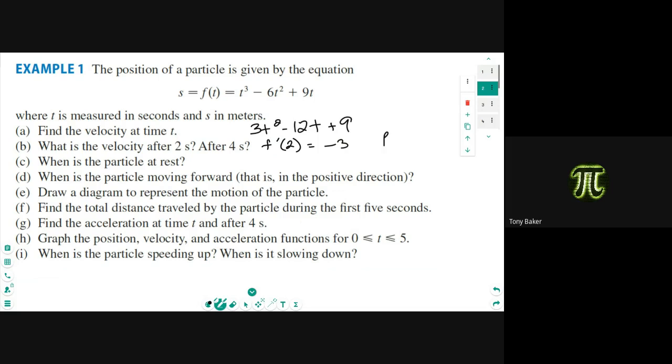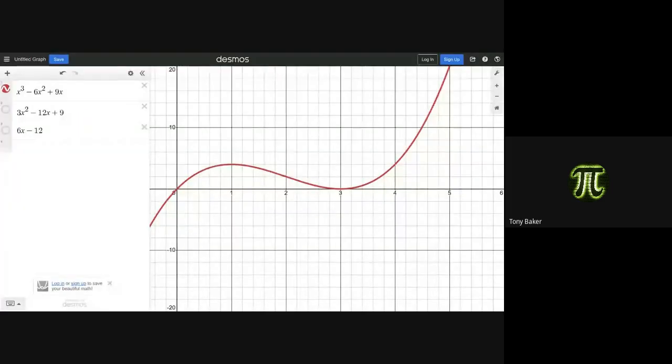All right, what about 4 seconds? What was it? 9? All right, and we're going positive in that direction. So if you look at the graph, we see this, right? We're going backwards, so it's negative there, and we're going up here, so it's positive.